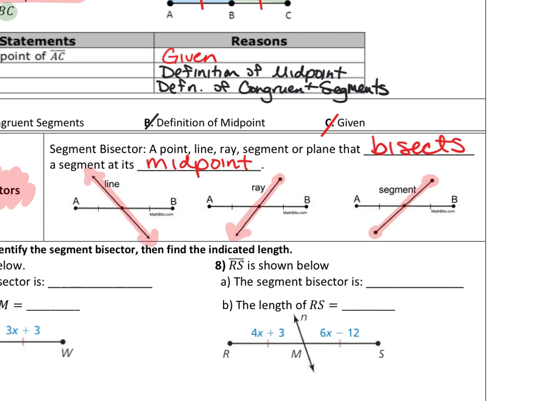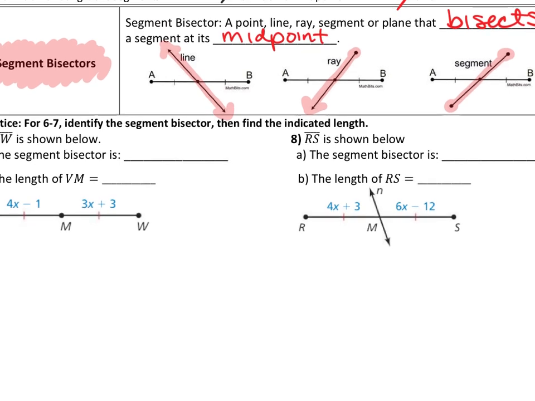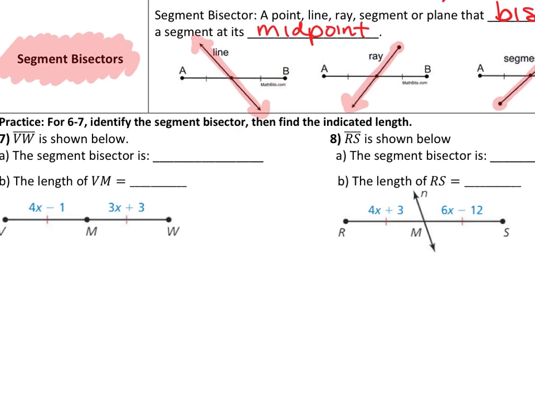As long as the intersecting line, point, segment, ray, or plane cuts the segment into two equal pieces, to see the tick marks, then it is called a segment bisector. We don't just say it's intersecting anymore, we specify that it's bisecting. So if we use this idea, we're going to be able to apply it to measure different segments.